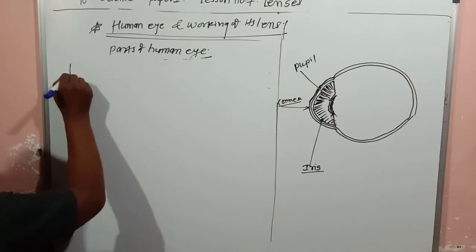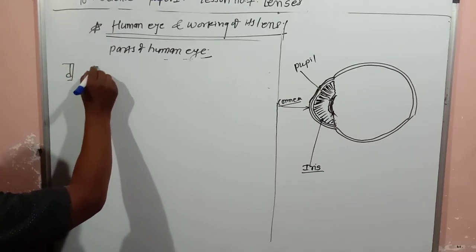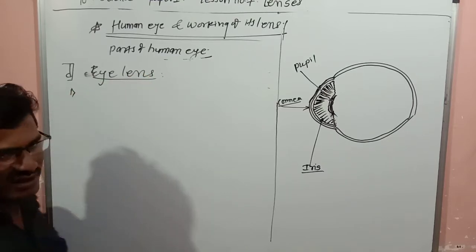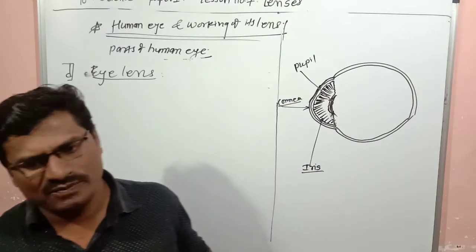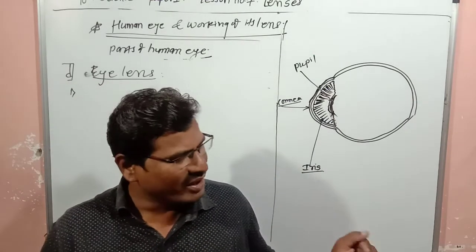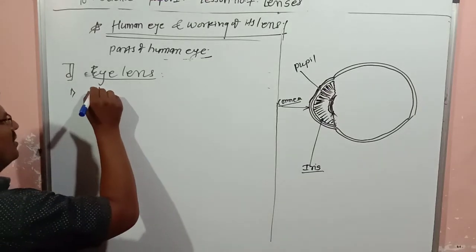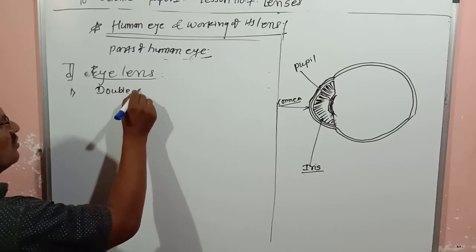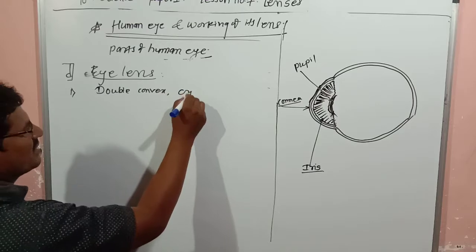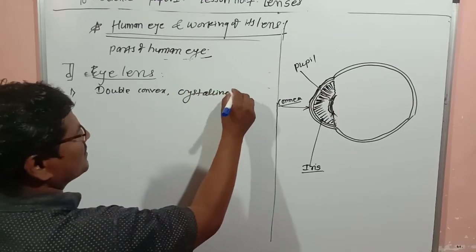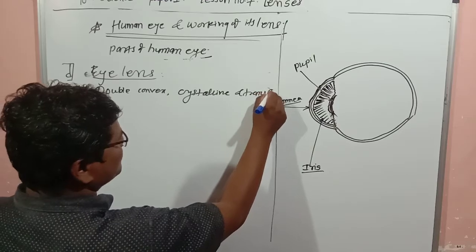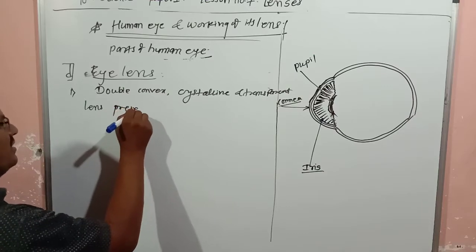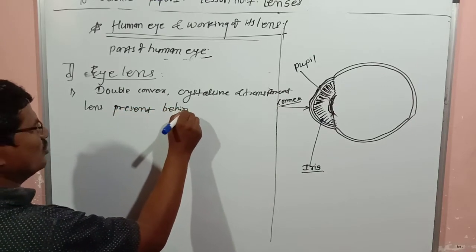The first point: double convex, crystalline and transparent lens present behind the pupil.